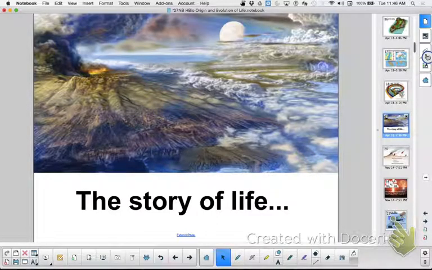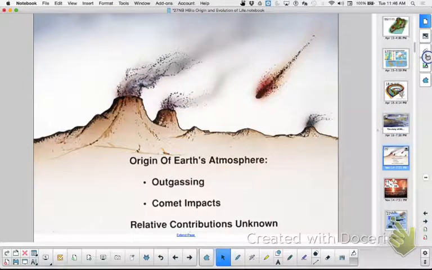So let's start with the origin of life as hypothesized. This first part should be very familiar because we just talked about plate tectonics. Youngest bio buddy, tell the oldest bio buddy why this would be true about Earth's atmosphere.